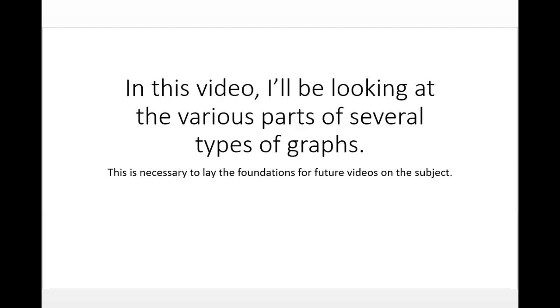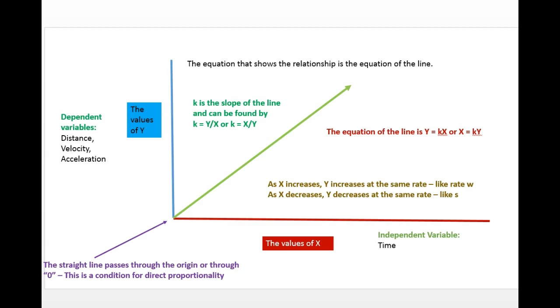In this video, I'll be looking at some various parts of a typical graph. We'll be looking at several graphs, and this is necessary to lay some foundations for subsequent videos on the same topic. So here we have the first one. Of course, this is the x value and the y value.